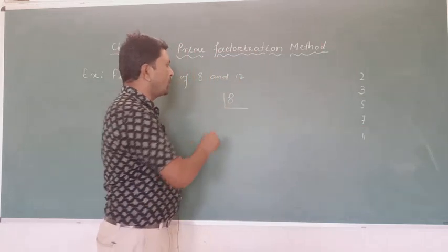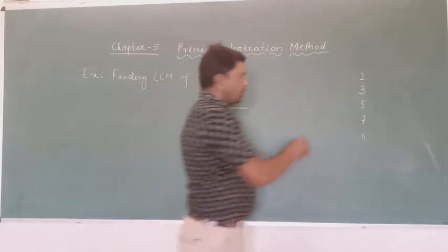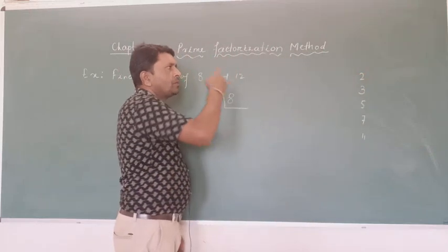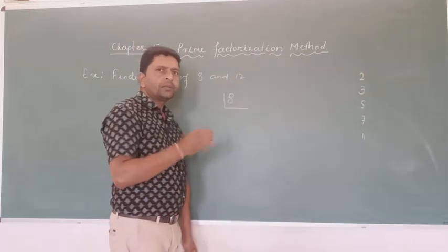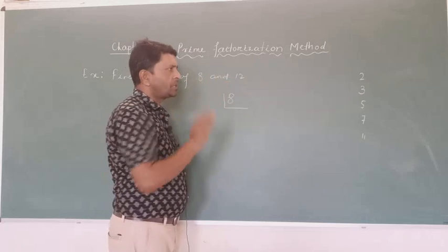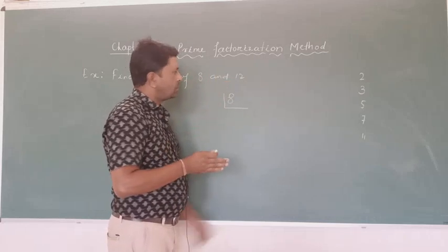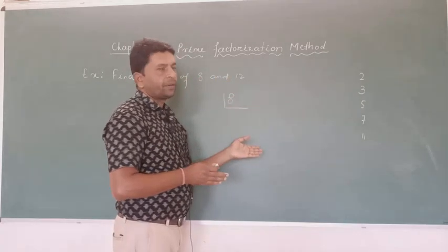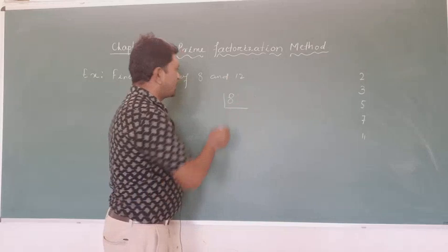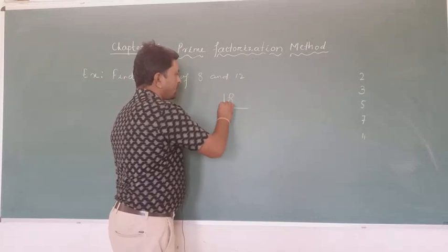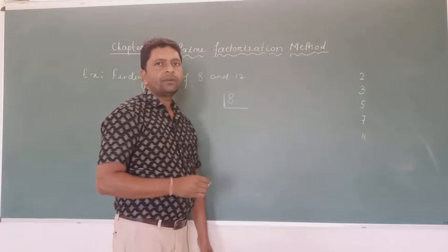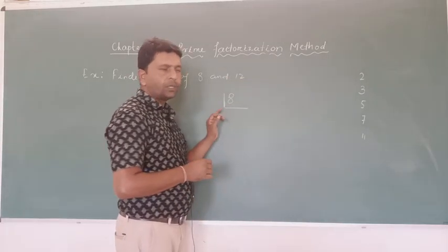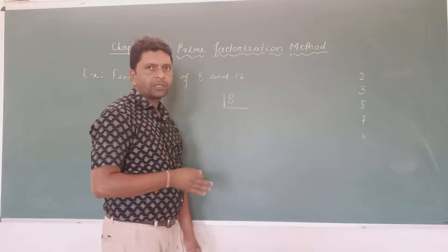First of all, we have to start from 2, and if it is not divisible by 2, then we go to 3, and if it is not divisible by 3, then we go to 5 and then 7. So we check whether 8 is divisible by 2 or not. I think it is divisible by 2. You are all acquainted with the tables also.